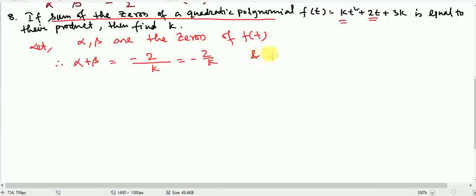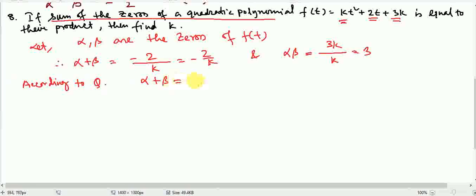And alpha beta is equal to how much? The constant part, that means 3k, by the coefficient of t square, that is k, equal to 3. As according to the question, alpha plus beta equal to alpha beta, because here it is written as is equal to their product.